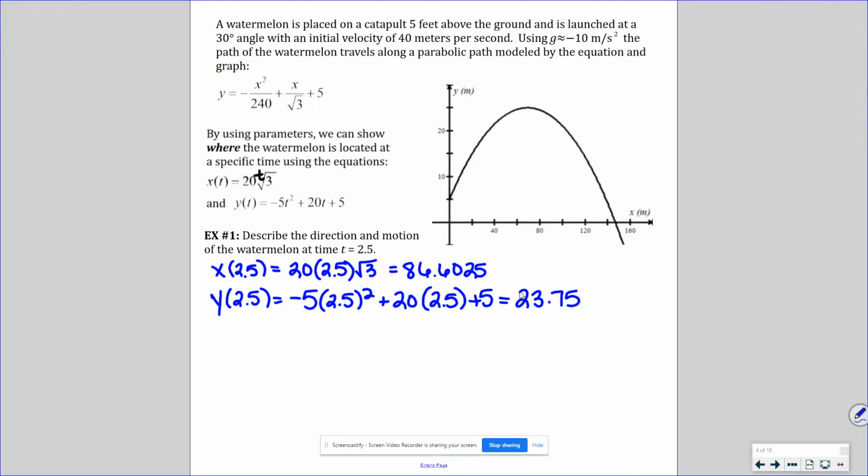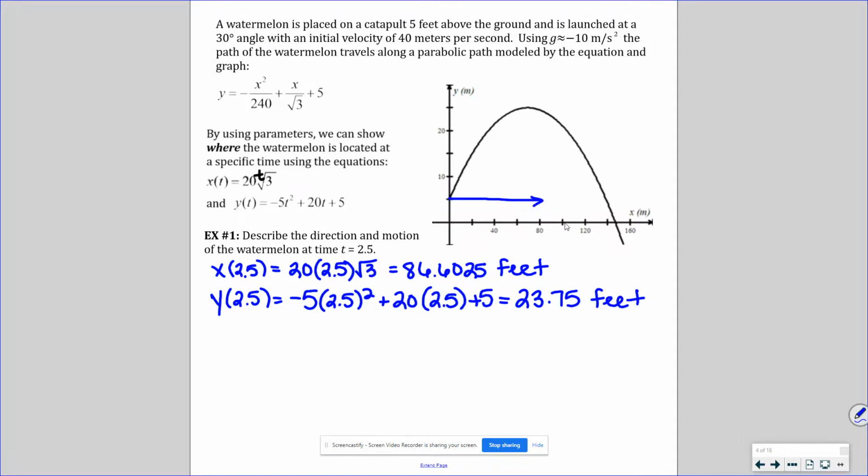Okay, what you've just computed is the distance traveled for both the x variable and the y variable. What that means is that after 2.5 seconds, the watermelon has traveled 86.6 feet in the x direction, so that's this way, and it has traveled 23.75 feet in the y direction.